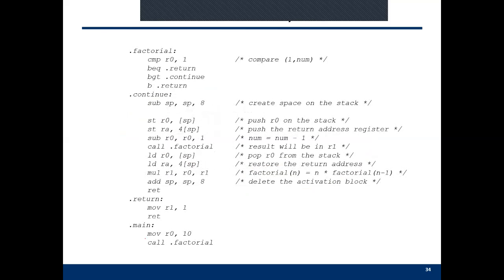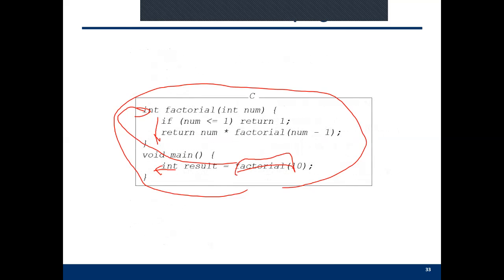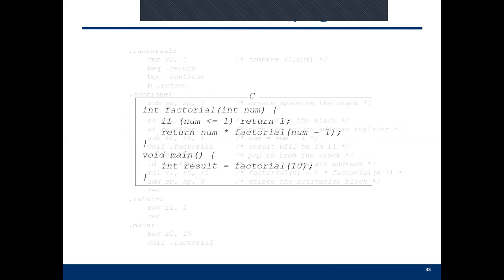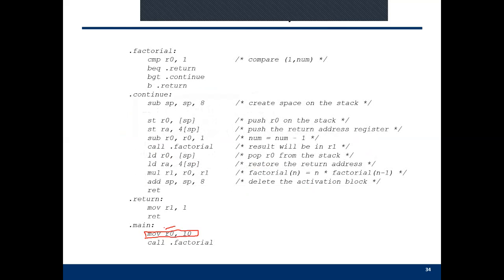So in the assembly language code, we have the whole process. For example, we move 10. 10 is the argument here. We move 10 to this R0. So R0 can help you pass the arguments. And then we call this function.